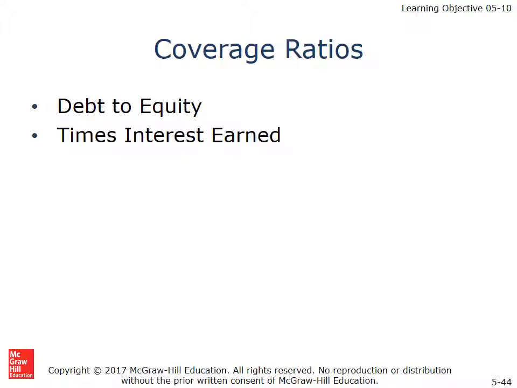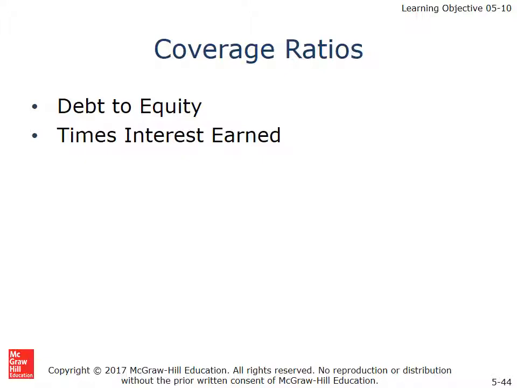If you notice, it says net income plus interest expense. That's where the company has to get its money to pay its interest expense. So they say, well, how much income do we have to pay our interest expense? Now divide it by interest expense. So the more times a company could pay with their earnings, the better off they are, right?